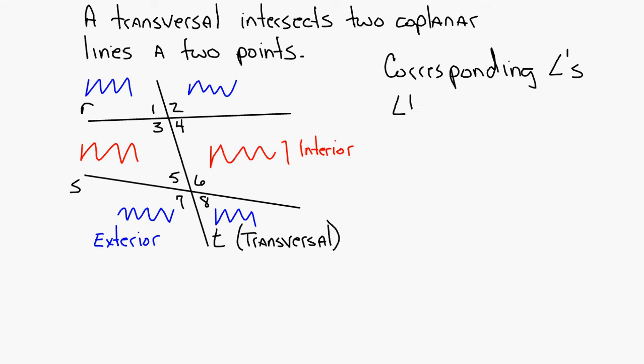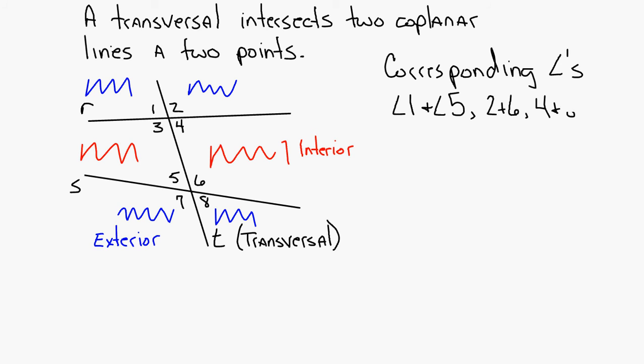So angle 1 and angle 5. What's another pair of corresponding angles? Good, 2 and 6. Another pair: 4 and 8, right?